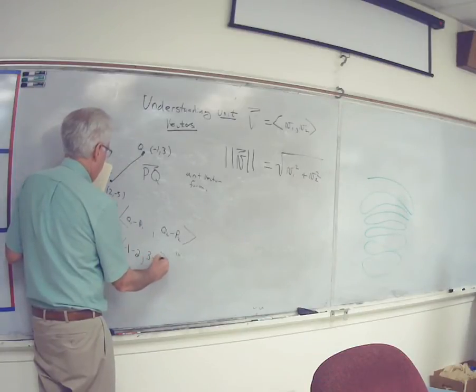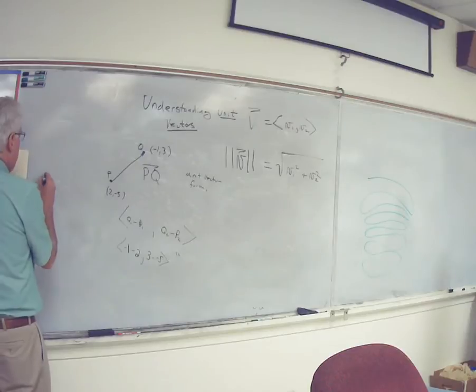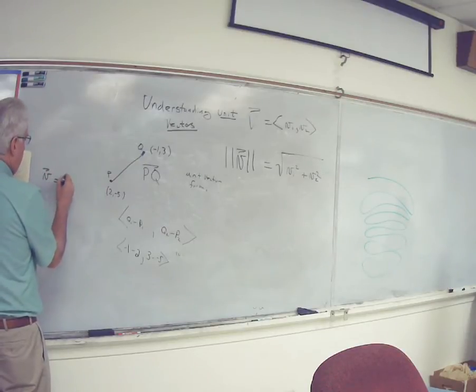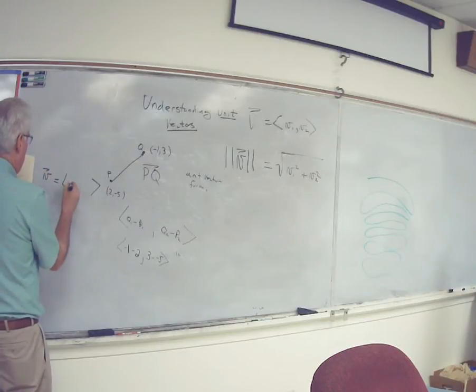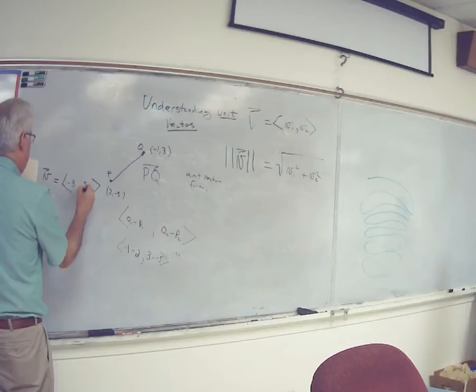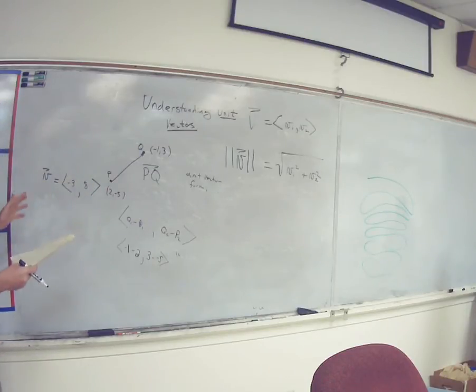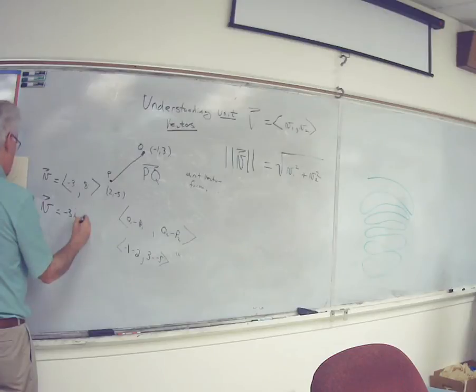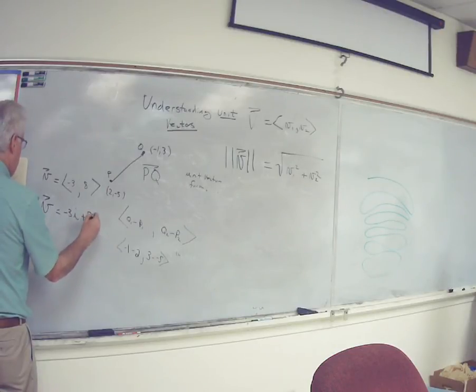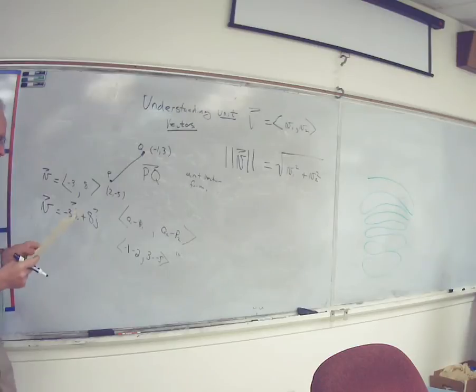So vector V in component form is negative 3, 8. Now, in unit vector form, that would be negative 3i plus 8j. Is this easy? I think it's pretty easy.